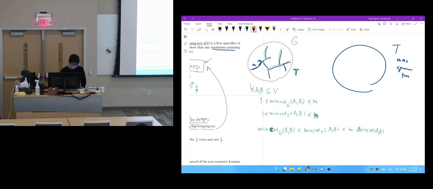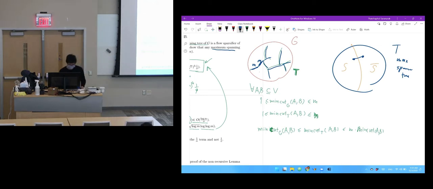then given any cut S bar, if you look at an edge with maximum weight, it's always going to be in the tree, right? Because it's a maximum spanning tree.